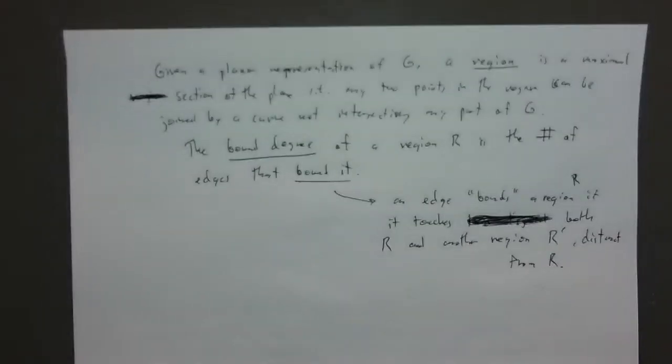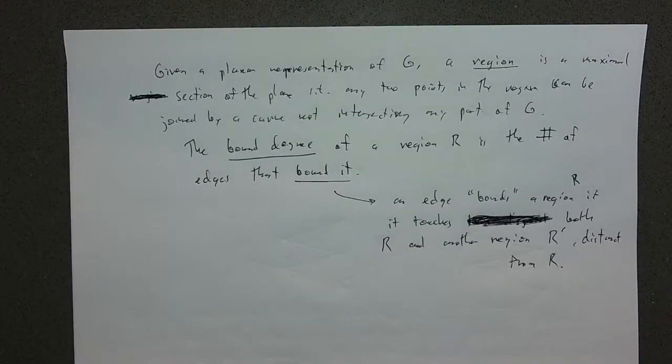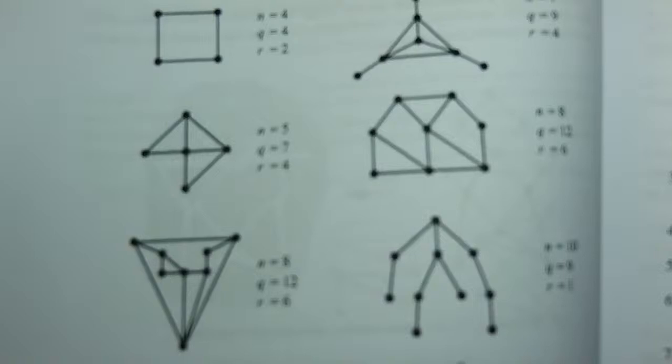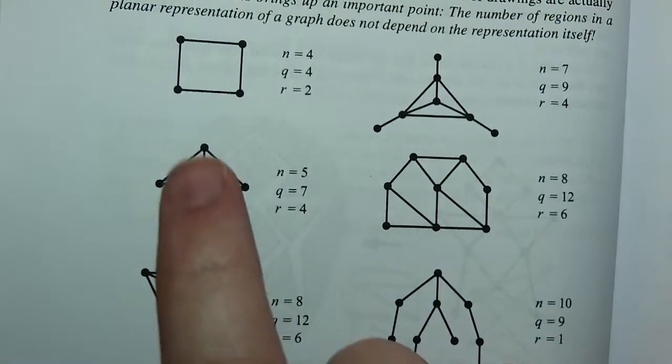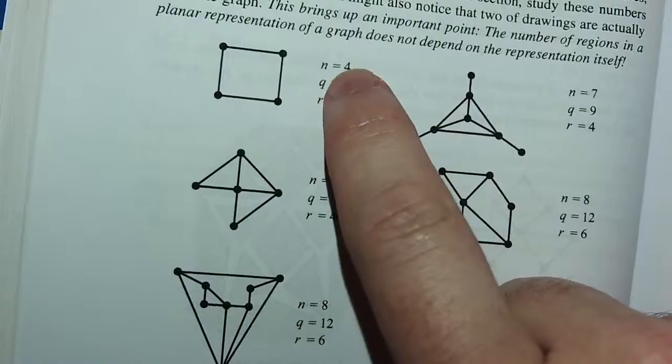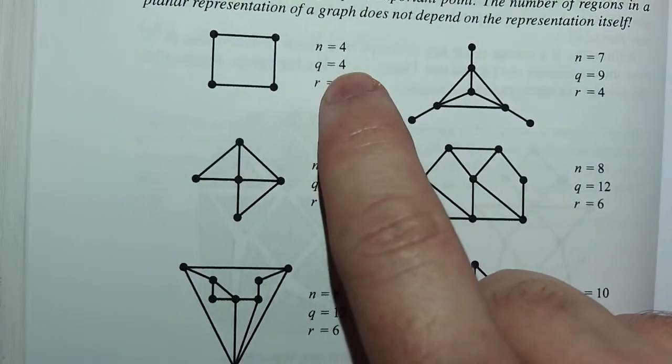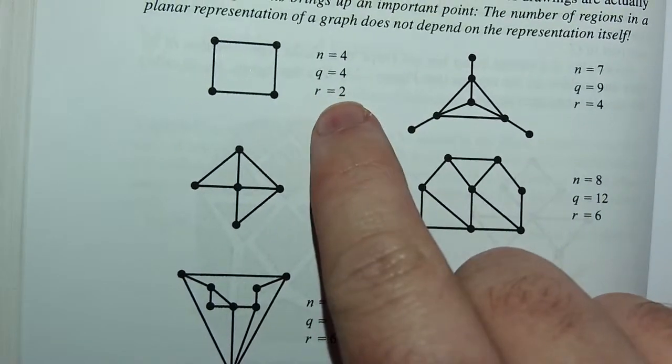And now I am going to show a picture, several cases here. So here's a graph. N is the number of vertices, Q is the number of edges, R is the number of regions.